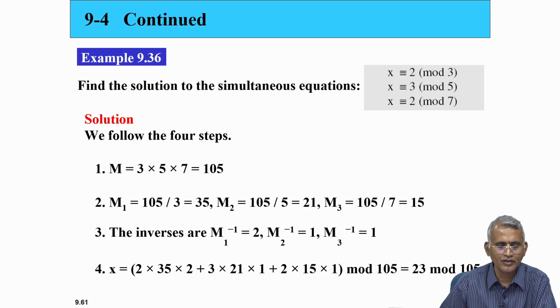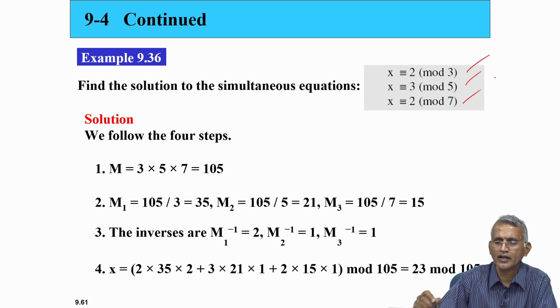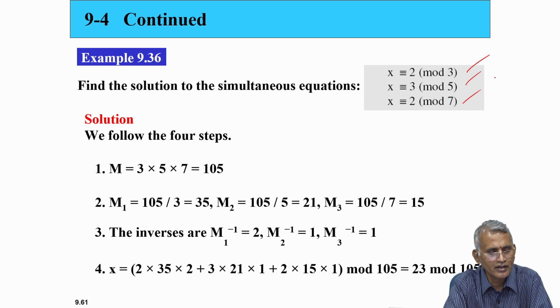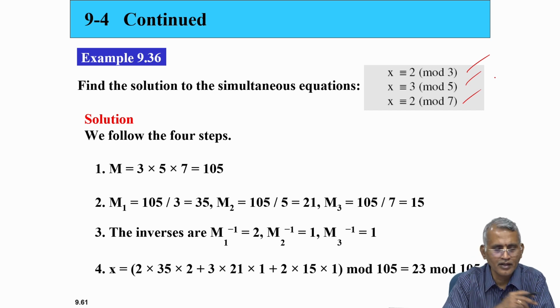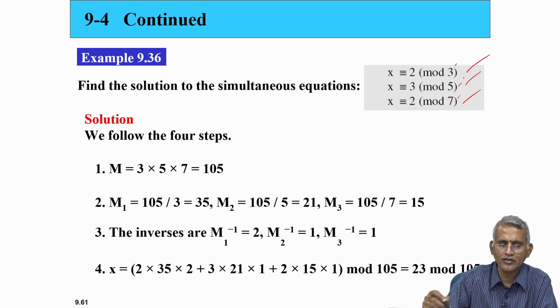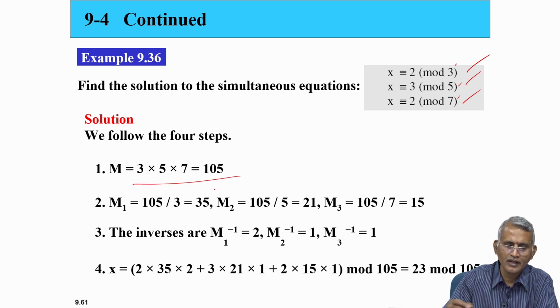For example, take x identical to 2 under modulo 3, x identical to 3 under modulo 5, x identical to 2 under modulo 7. Then capital M is the product of 3 into 5 into 7, which is equal to 105. M1 is equal to 105 by 3, M2 is 105 by 5, and M3 is equal to 105 by 7.